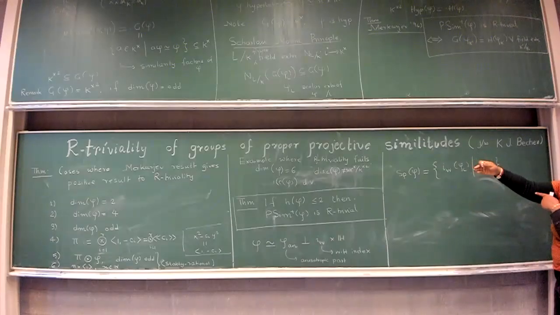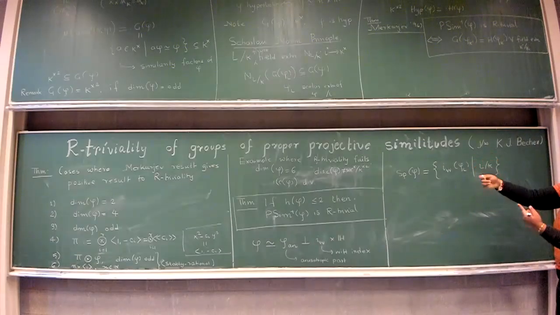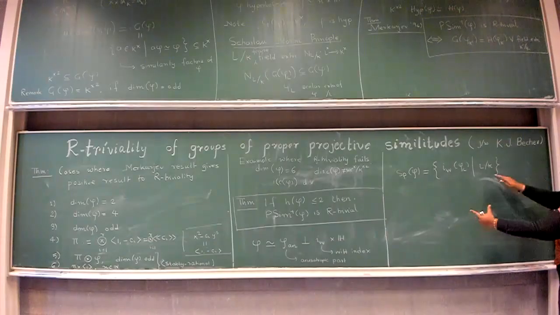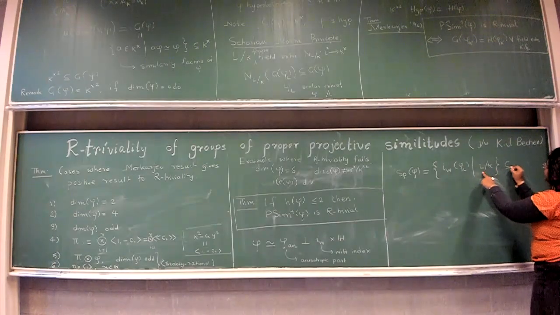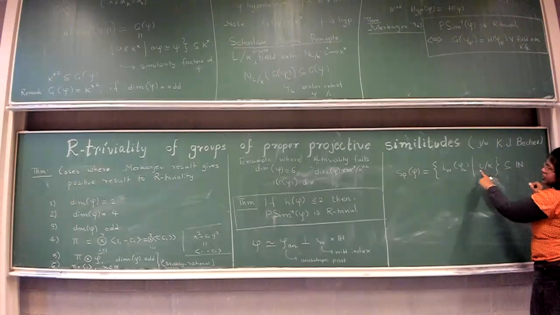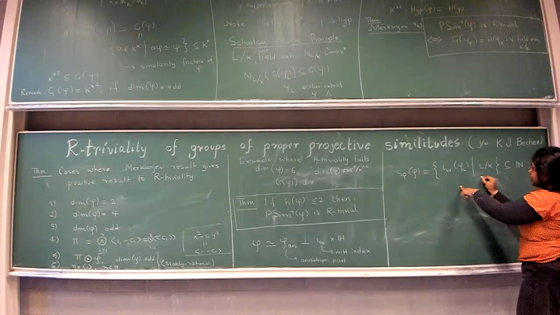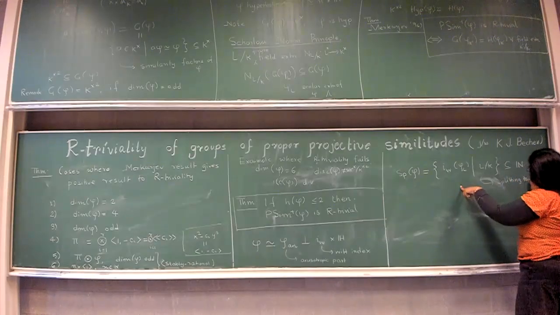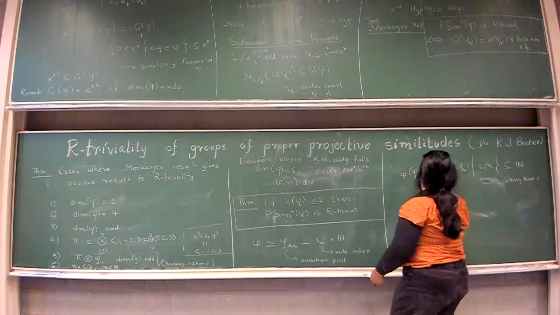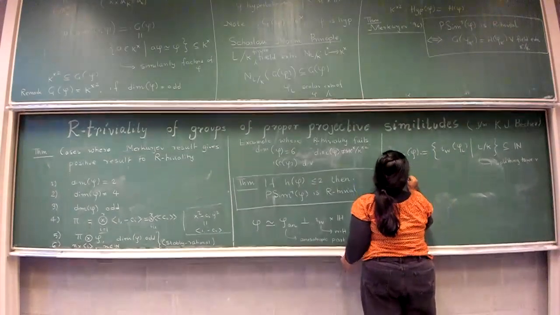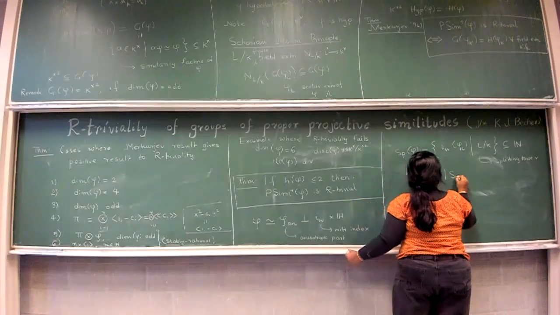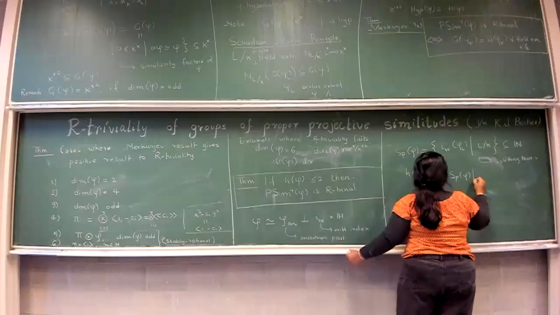In some extension, if the form is isotropic, we will have another anisotropic part and then the Witt index. These collections we call the splitting tower, and height is the cardinality of this minus 1.